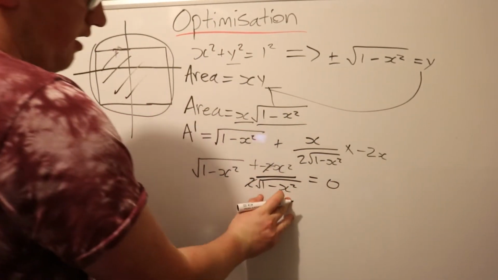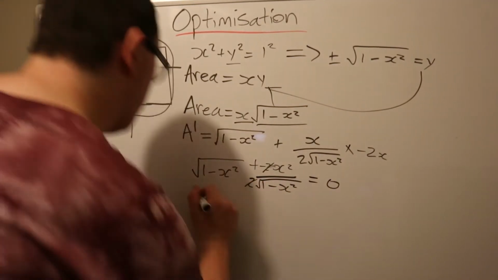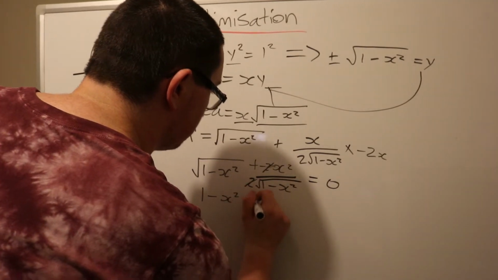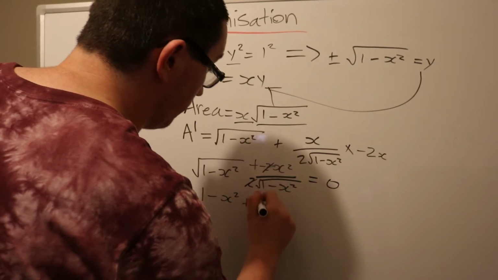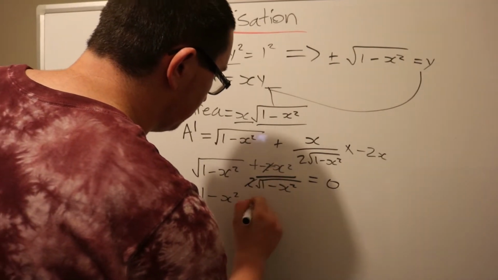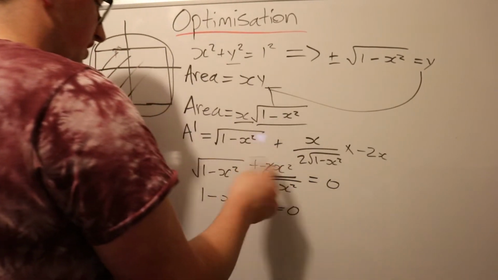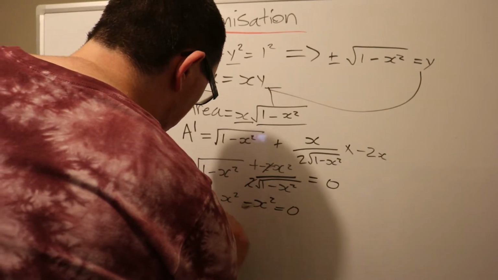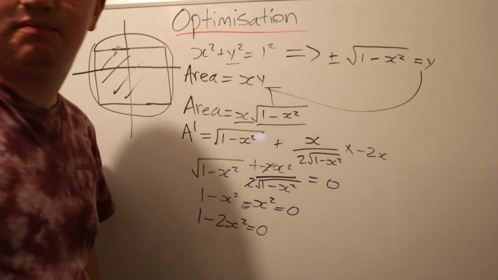If we multiply by the square root of 1 minus x squared throughout, we get 1 minus x squared minus x squared equals 0. And that gives us 1 minus 2x squared is equal to 0 right there.